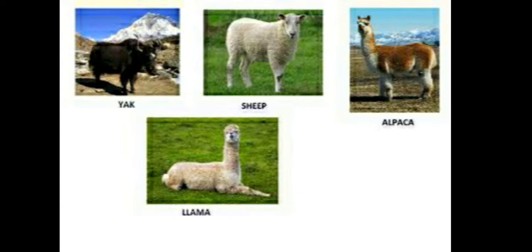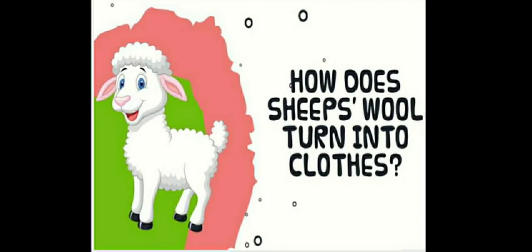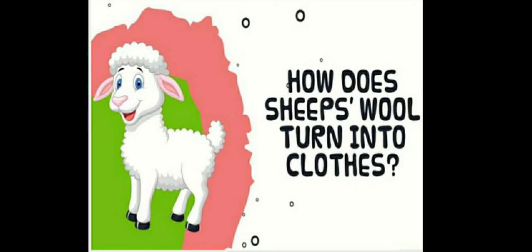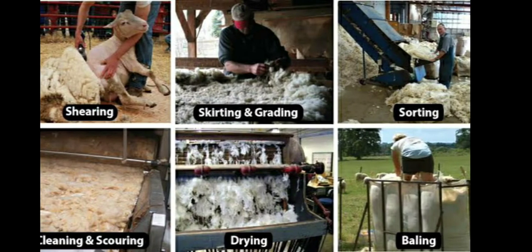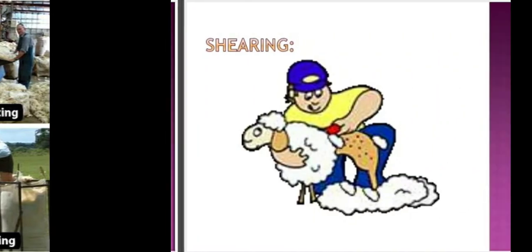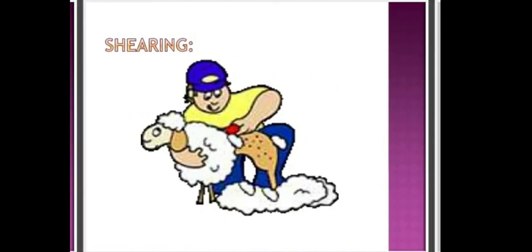Now we will study about the processing of fiber into wool. So let's see, how does sheep's wool turn into clothes? The first step in the processing of fiber into wool is shearing. So what is shearing?